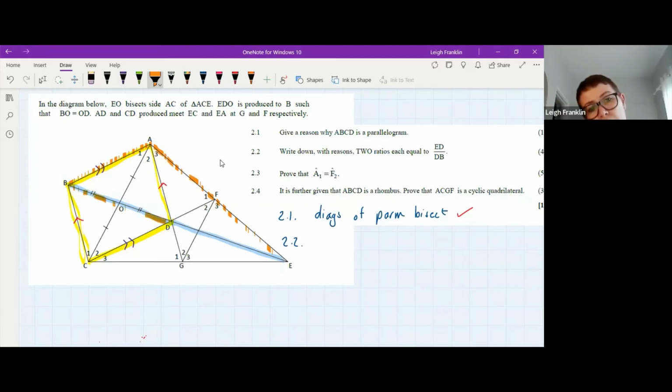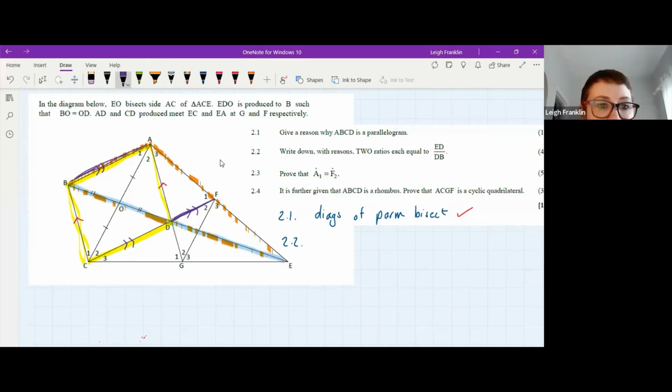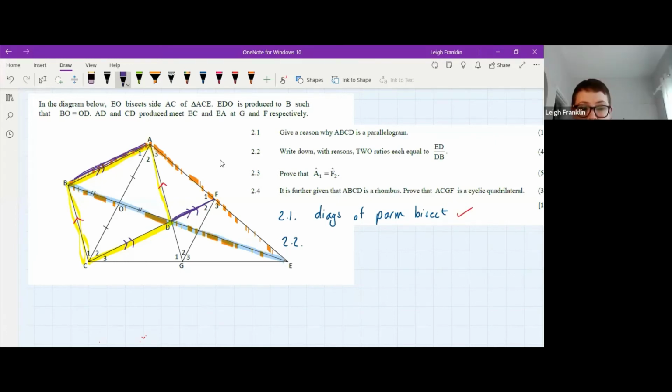If we have a look at what I'm putting here in orange, the reason that we can work here, and it's difficult to see this, is because this entire line, CD all the way to E, is parallel. Can you see here, Matrix? This line that I'm coloring in purple is parallel to this line over here. Can you see it a little bit better now? And can you see ED over DB? And then on the other side, we've got EF over FA.